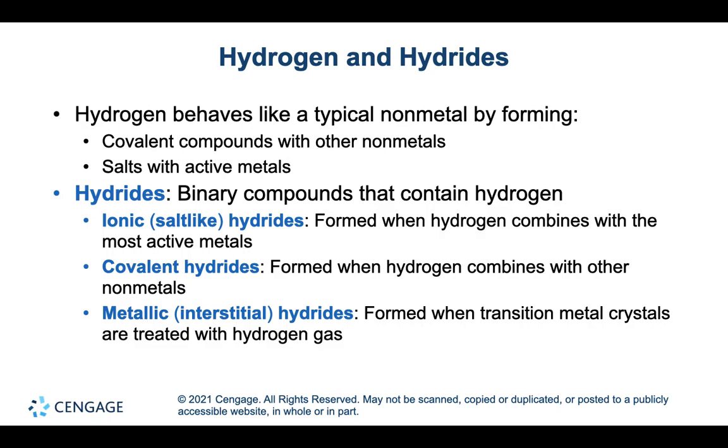You can get that when hydrogen gas penetrates into a transition metal crystal. Transition metals being larger atoms, they've got more space between their atoms. Hydrogen can fit in between those, and so you can get these metallic interstitial hydrides.